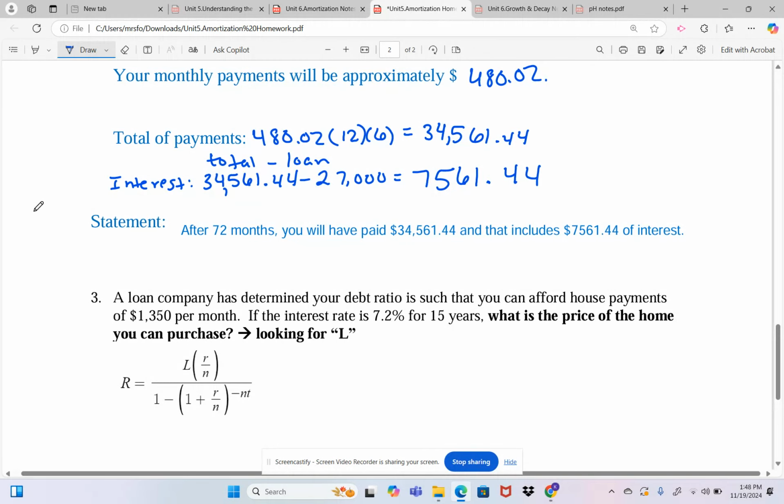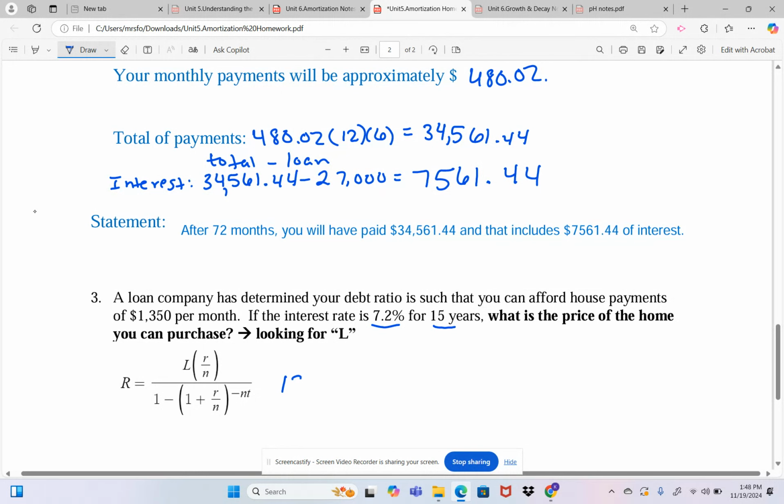So let's do this. A loan company has determined your debt ratio is such that you can afford house payments of $1,350 per month. If the interest rate is 7.2% for 15 years, what is the price of a home you can purchase?